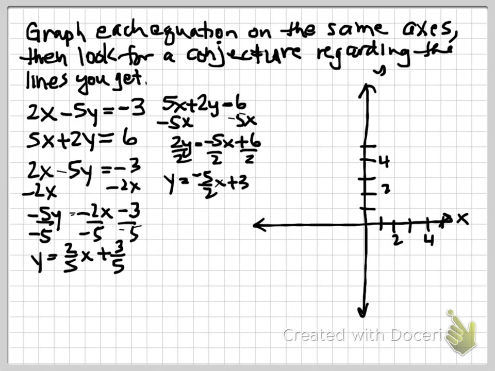So I'm going to graph the y-intercept, which is 3/5. So that's going to be a little over a half, but not up to 1, so somewhere like that. And then I'm going to have to rise up 2, so I'm going to rise up in the same position that it was, and then run to the right 5. So that would be somewhere about there. And then I'm going to connect those with a line.